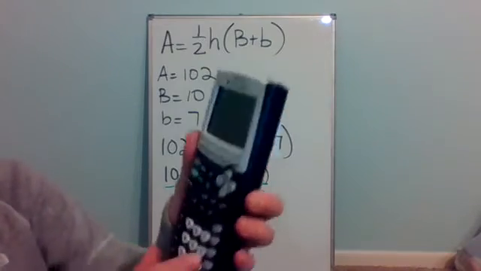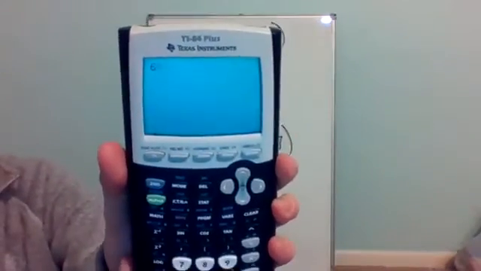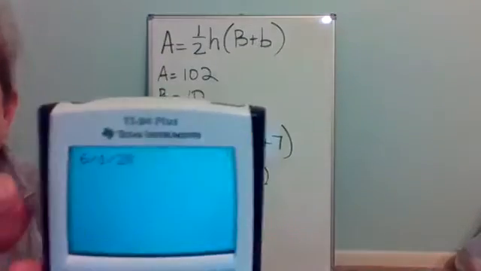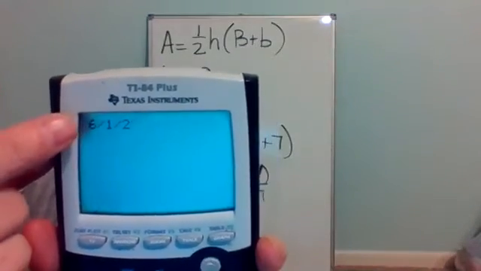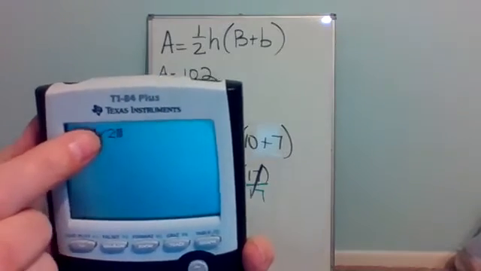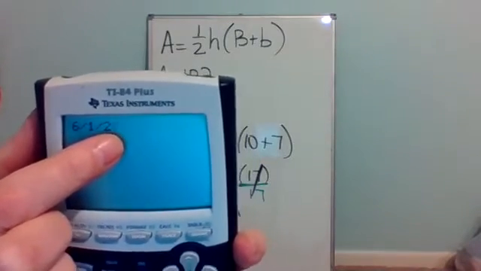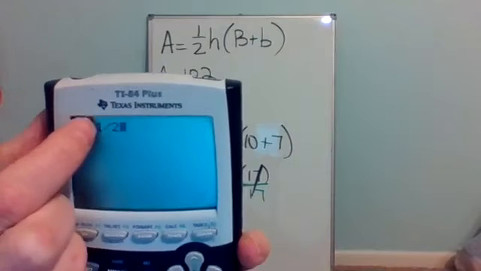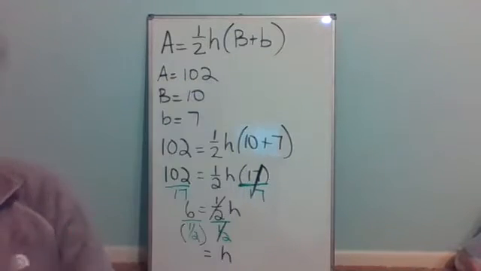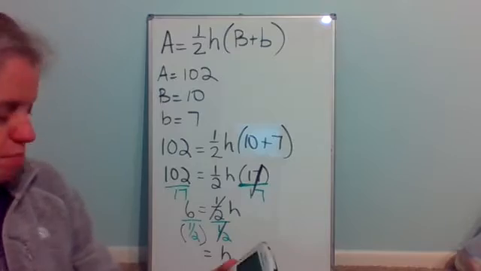If I didn't put parentheses, I would have 6 divided by 1 divided by 2. Well, what that's going to tell your calculator to do is do the 6, then divide that by 1, and then divide that by 2. We want this 1/2 to be one number. So that's why we need to put the 1/2 in parentheses.